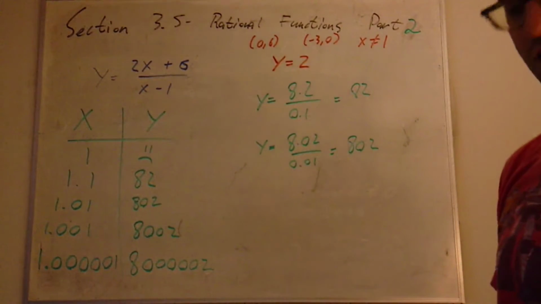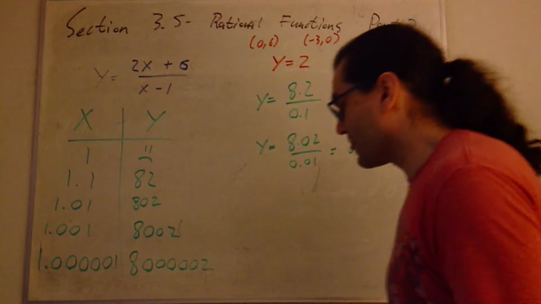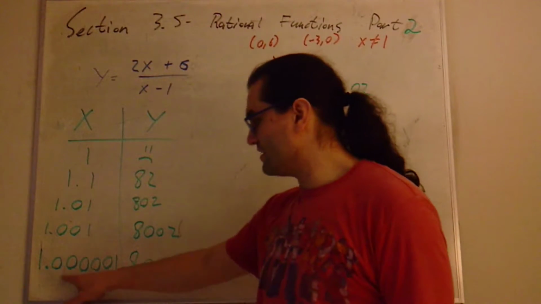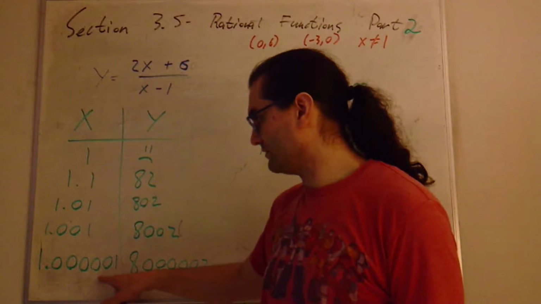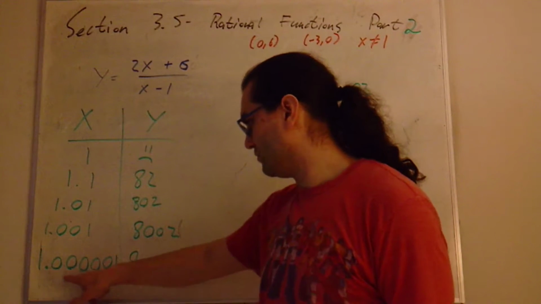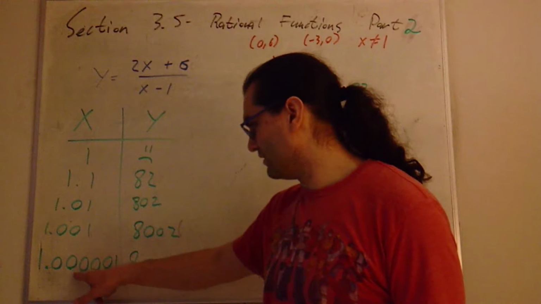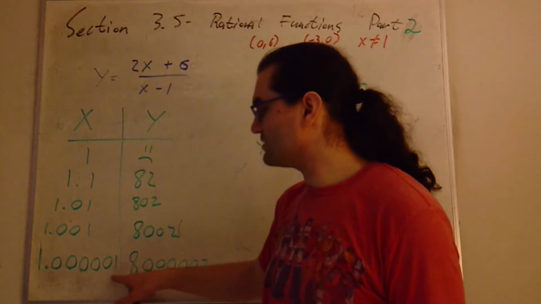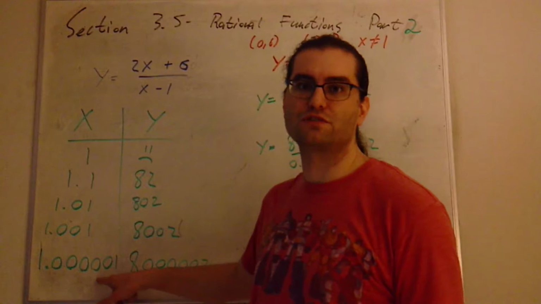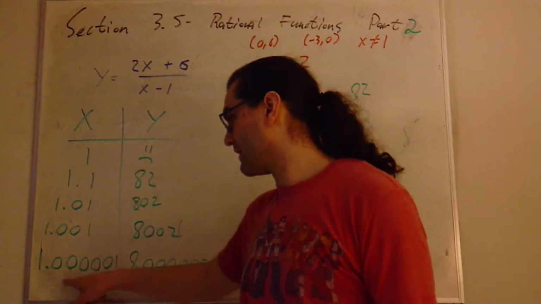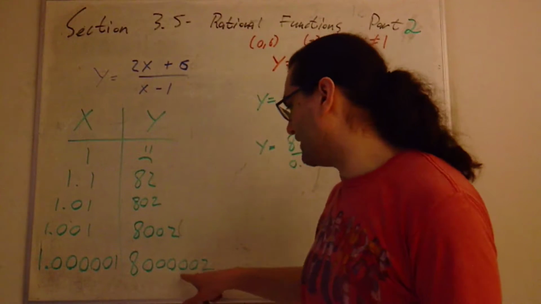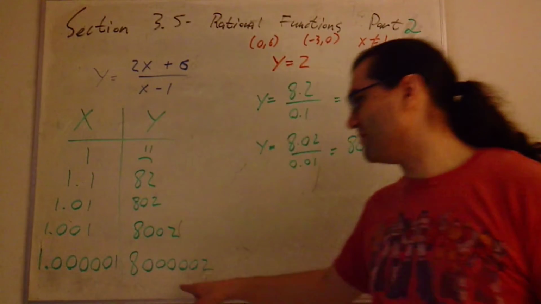So here's what's very interesting about this. This number is very small. This number is almost 1. It is, in fact, what do we got here? Hundreds, thousands. This is 1/10,000th away from the number 1. And the output we're getting from here is 8 million.